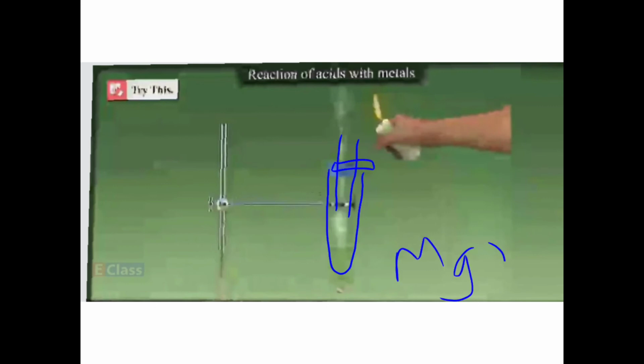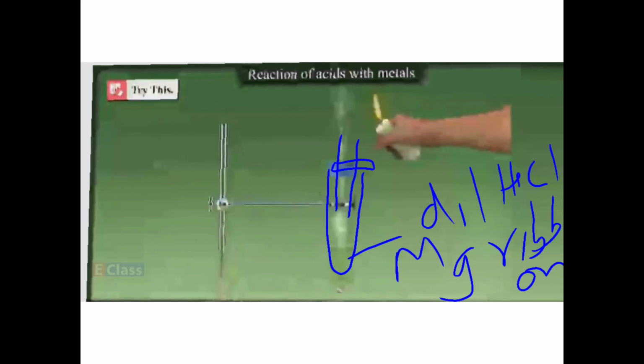I am writing in short, Mg ribbon. Then you add acid into it. Which acid? Just the dilute acid, dilute HCl. And then here a small capillary should be coming out, and you just take the burning candle near it.